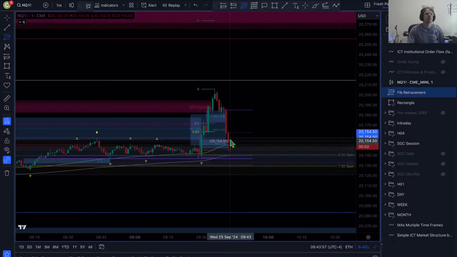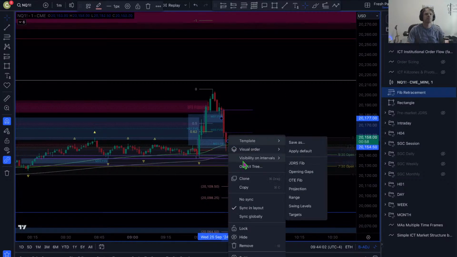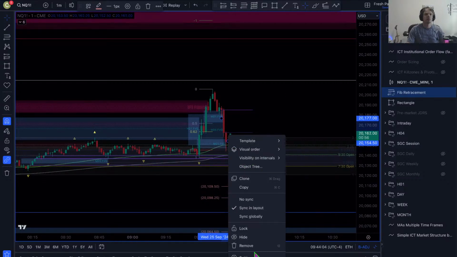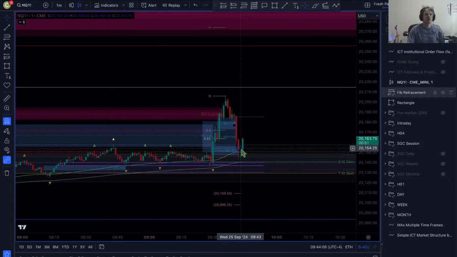So with the close here, we've got this projection on the M1 to the downside. I would be hesitant because it's trading against sort of the higher time frame structure.